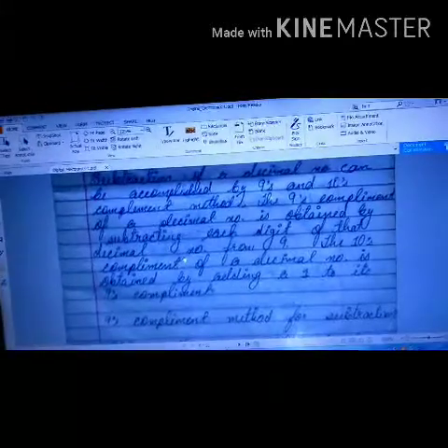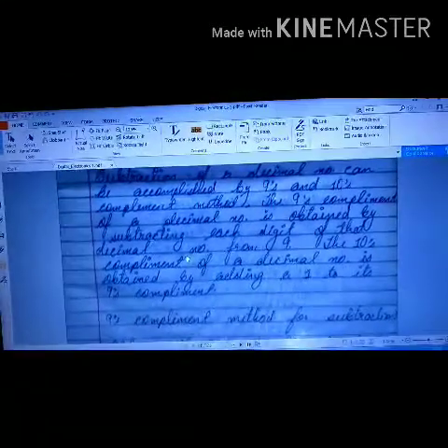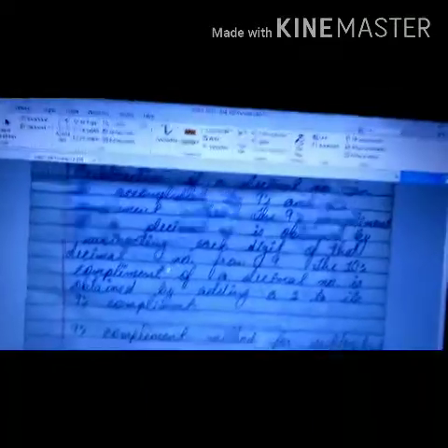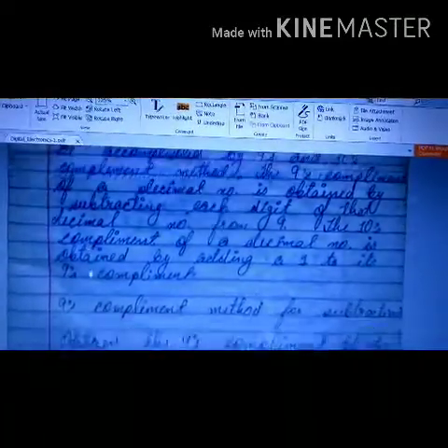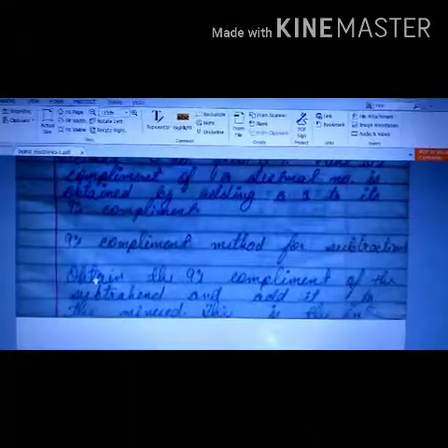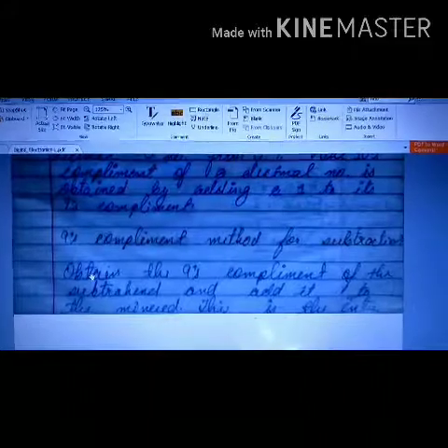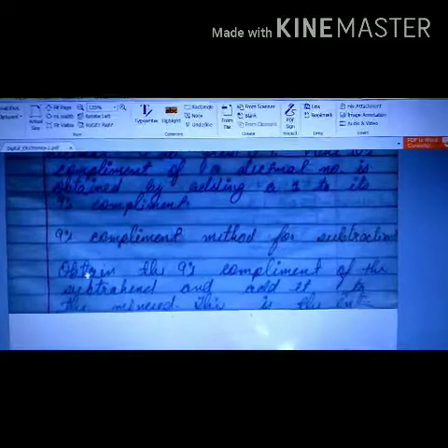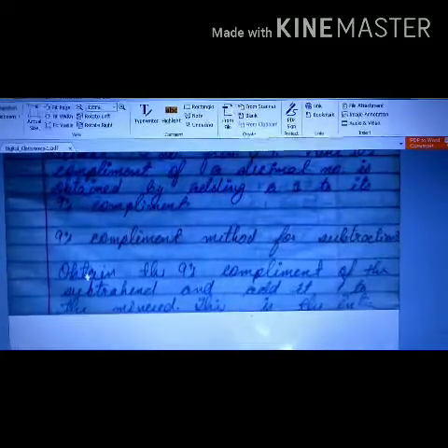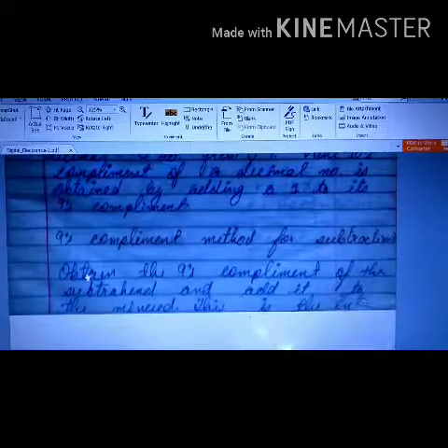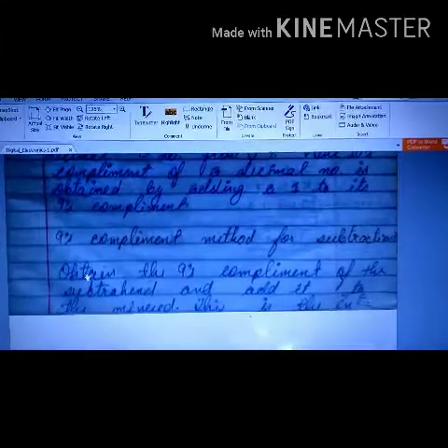Now, what are the rules or methods for subtraction of a decimal number using 9's complement arithmetic? Obtain the 9's complement of the subtrahend, that is the number which you want to subtract from a given number, and add it to the minuend. The minuend is the number from which we are going to subtract.